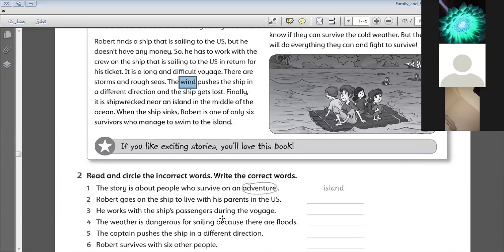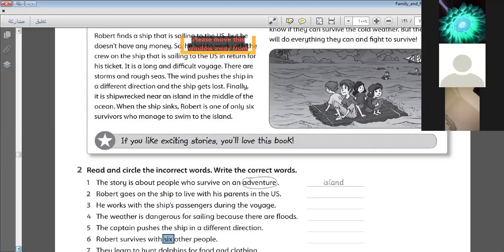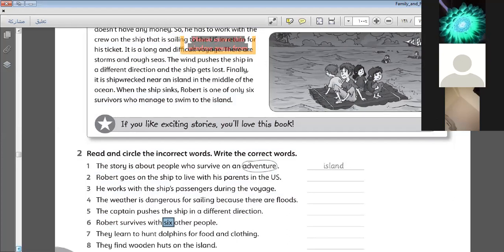Excellent. So we replace 6 with 5. With Robert they become 6. So Robert survived with 5. We replace. You can write 5 or write 5 with a number. It's okay. Now, number 7, they learn to hunt dolphins for food and clothing.